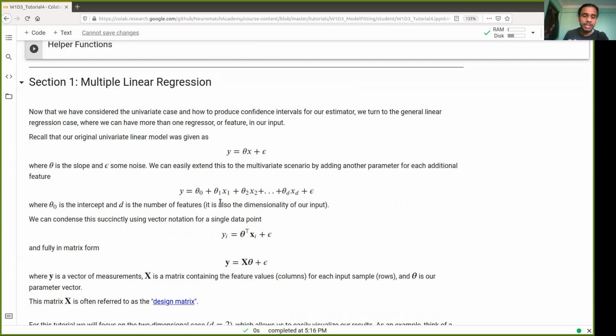And if we condense this equation into a simple form, we can represent it as y equals capital X theta plus epsilon, right? So here X is the design matrix and theta represents the parameter vector, which is a vector of length D, where D represents the number of independent variables, right? One thing to be noted here is that the matrix notation is easier for us to implement in our code, and it also makes the representation very simple, right?